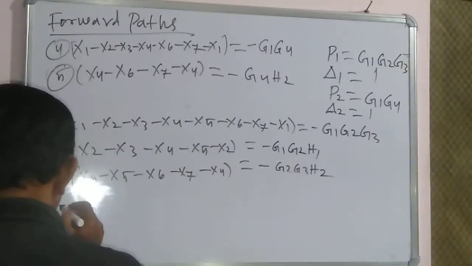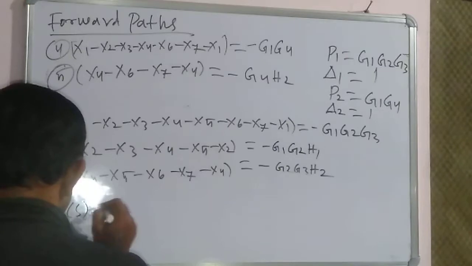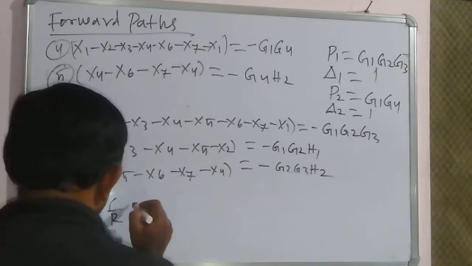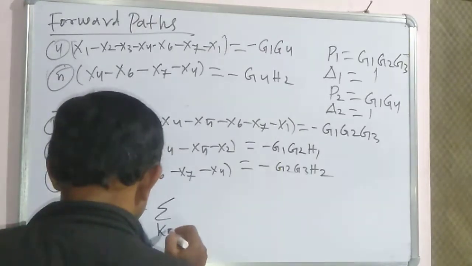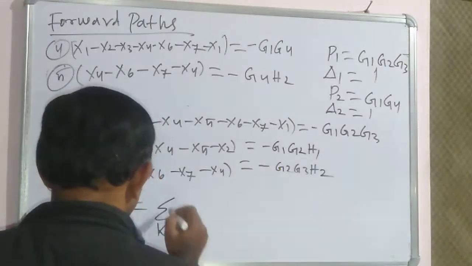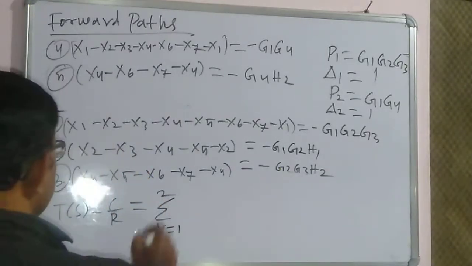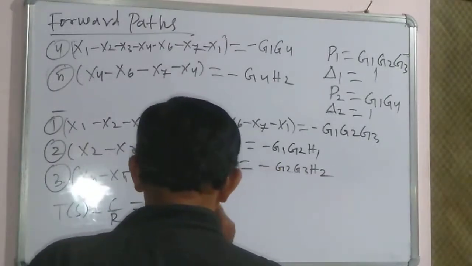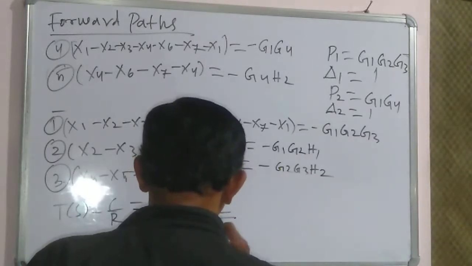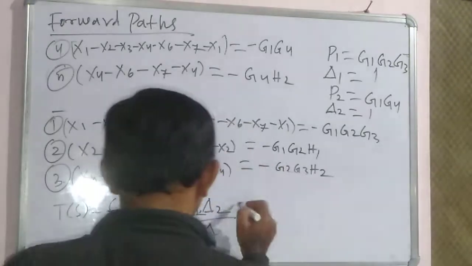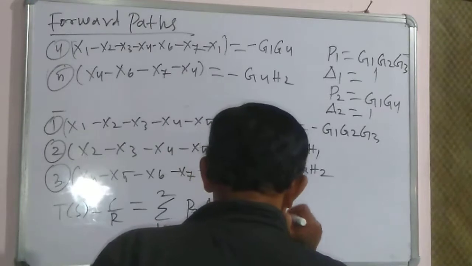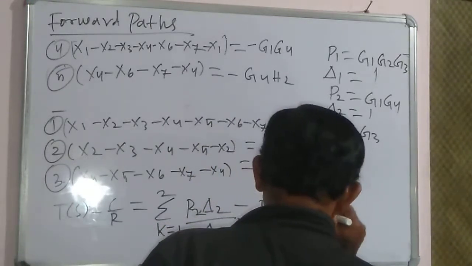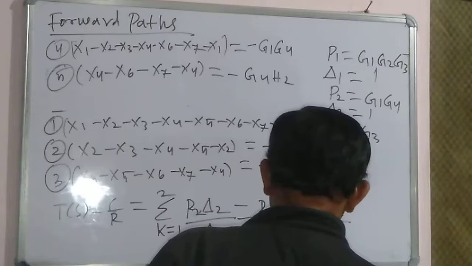So the transfer function T(s) is equal to C by R, which is equal to the sum over k from 1 to 2, because here there are two forward paths, of Pk delta k by delta, which is P1 delta 1 plus P2 delta 2 divided by delta.